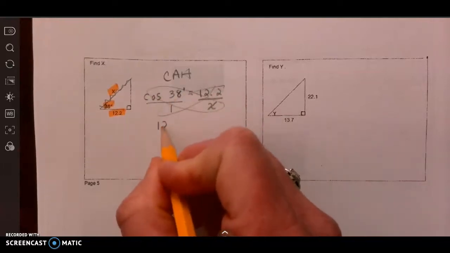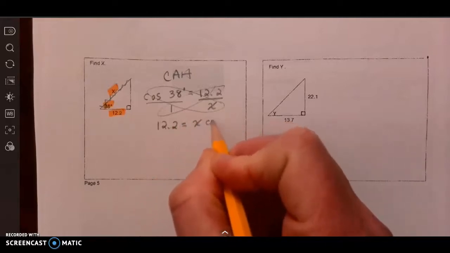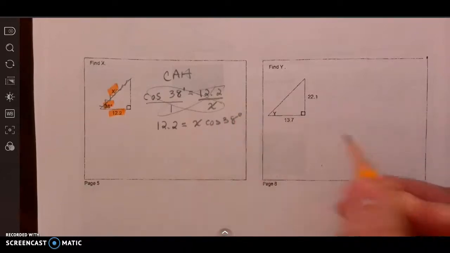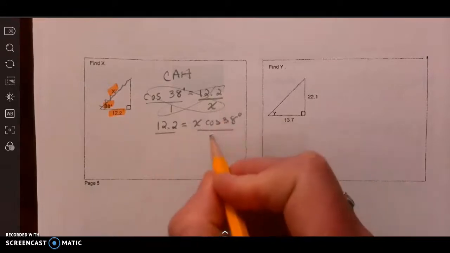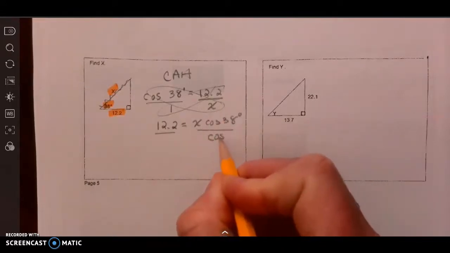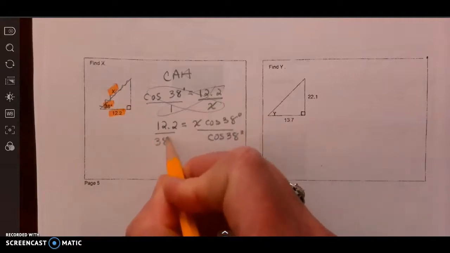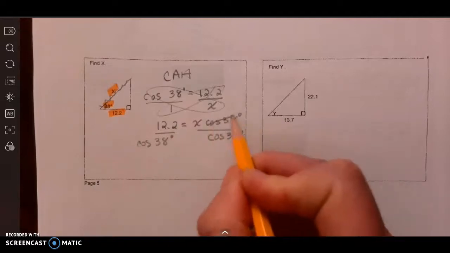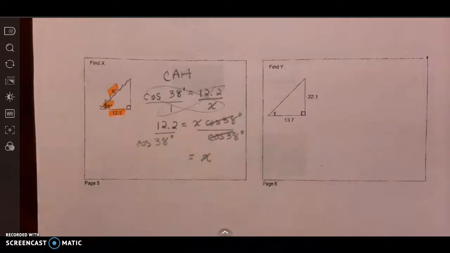And I get that 12.2 equals x times the cosine of 38 degrees. I'm trying to solve for x, so I'm going to divide both sides by the cosine of 38 degrees. And I will put that into my calculator and see what I get.